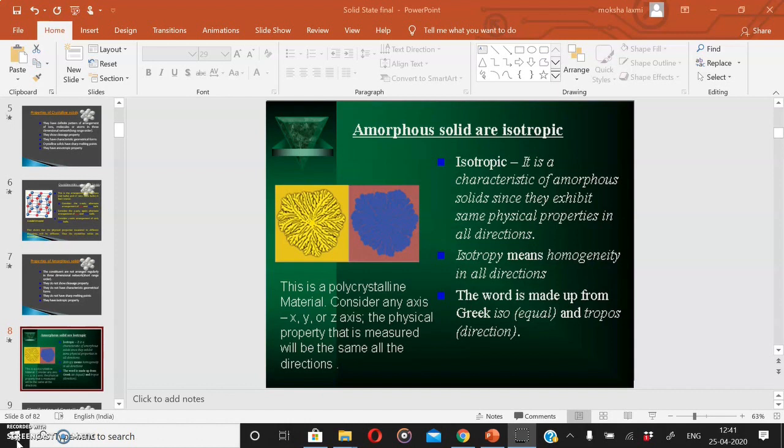So that is the meaning of isotropy. Amorphous solids are isotropic, that is, the value of any physical property measured will be the same in all directions.